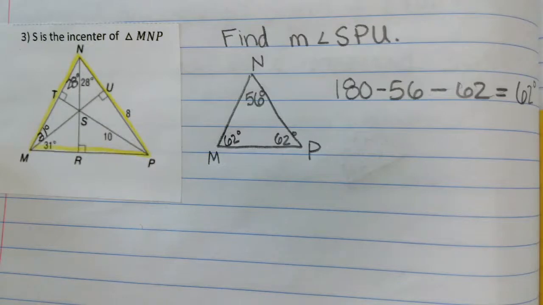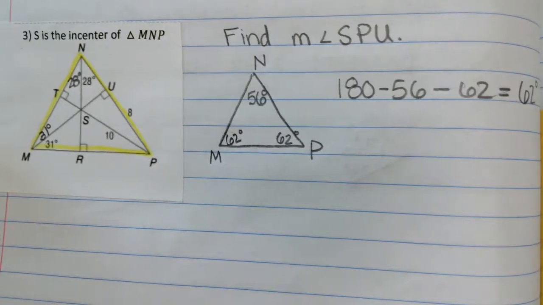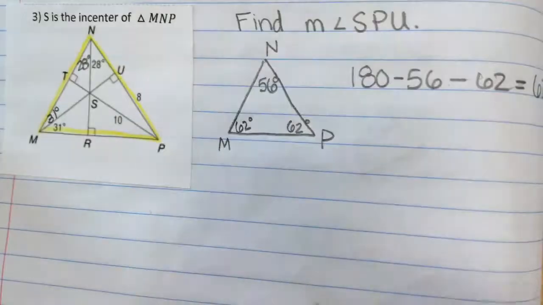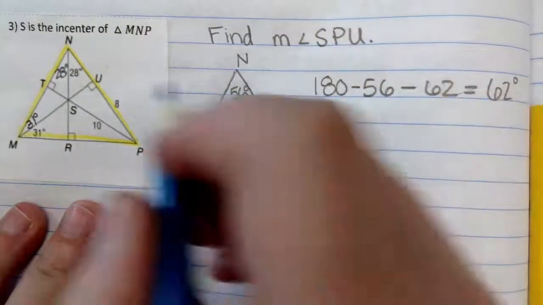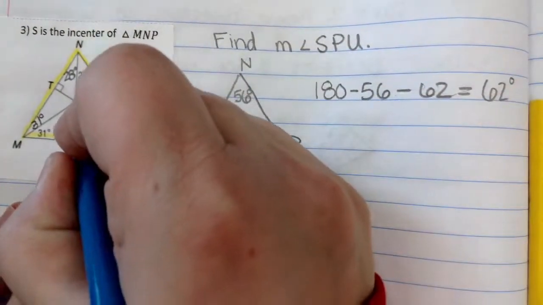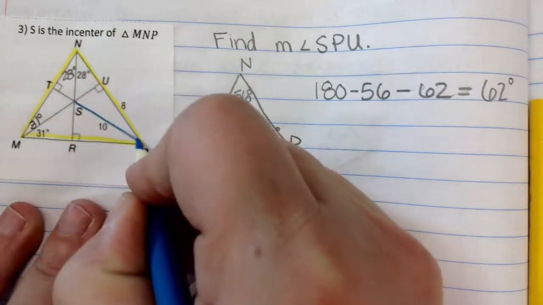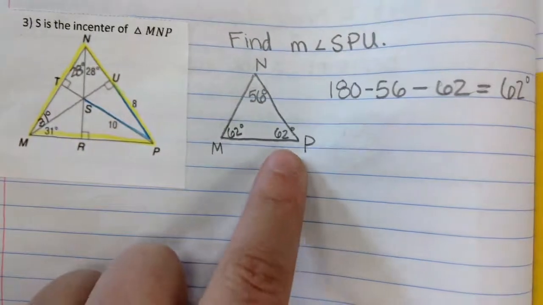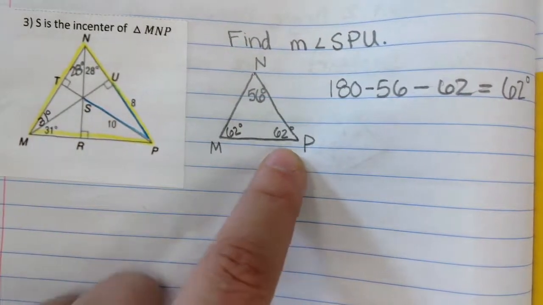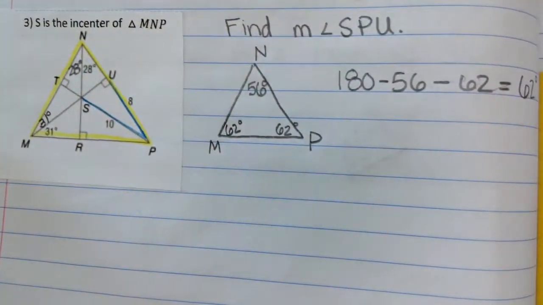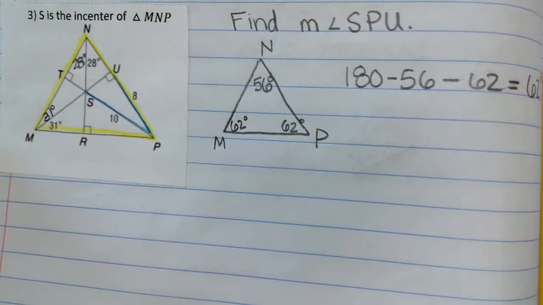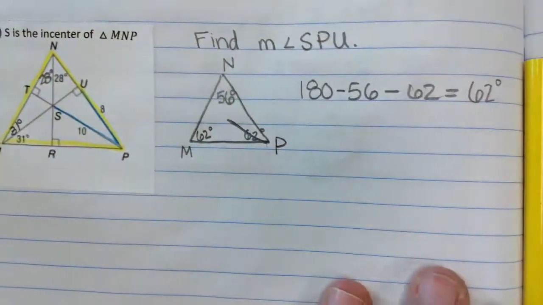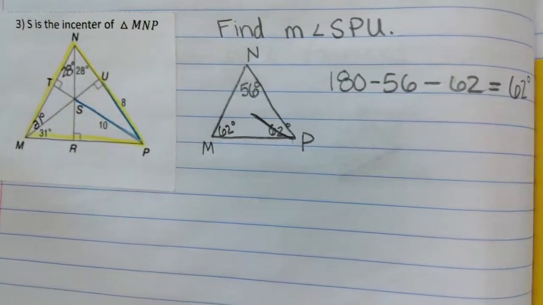But the question was find SPU. So if we take a look at SPU, I'm going to start at S, I go to P, and then up to U. Is that going to be the whole 62 degrees? No. So how am I going to take 62 degrees and cut it in half? Divide by 2.